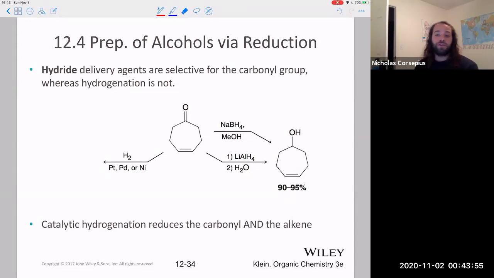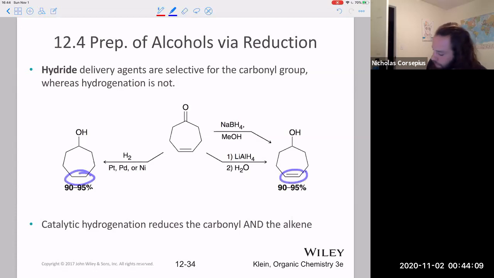So this is in contrast to if we did use hydrogen gas over platinum or palladium, we would get reduction not only of that carbonyl group, but also of the alkene as well. So these differ in terms of what's happening with these carbons here. Hydride reducing agents will preserve a carbon-carbon double bond, whereas hydrogen gas over palladium, nickel, platinum won't. It'll reduce both the carbonyl group as well as the alkene group.